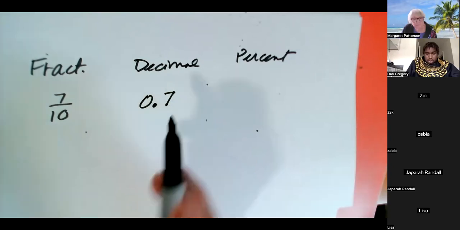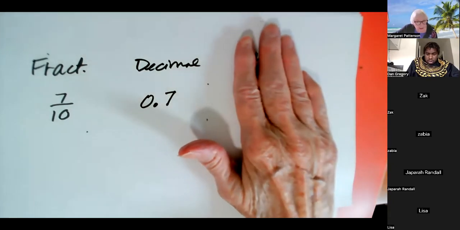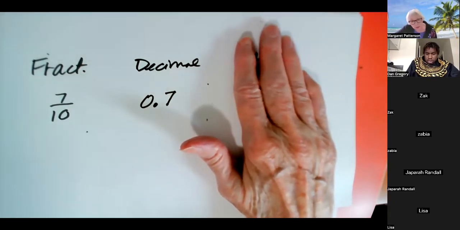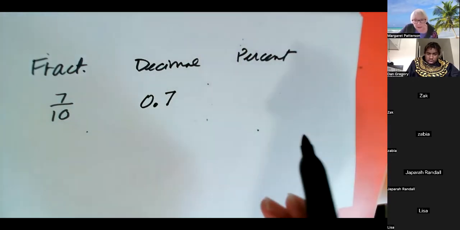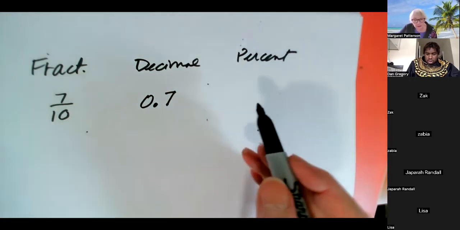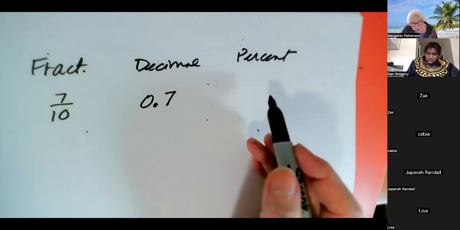Okay, so this had nothing to do with percent yet, did it? This was just something we've already done. 7/10 is 0.7. But let's say we then wanted to fill in the chart completely and take this into a percent.